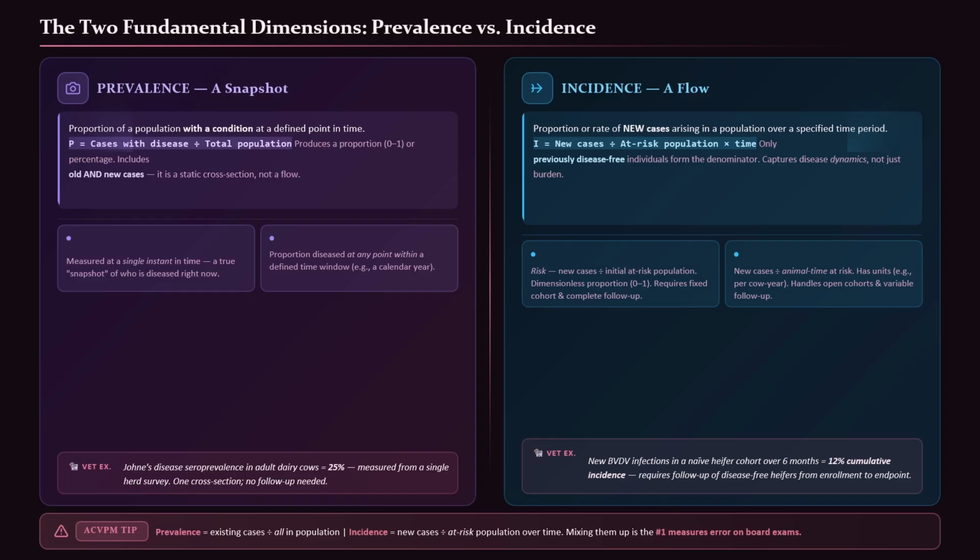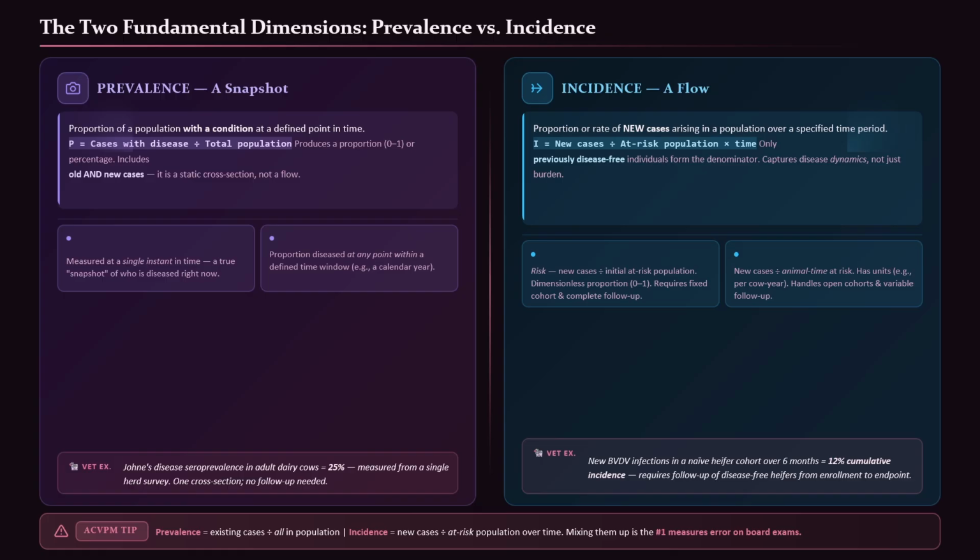Now that we understand why these measures matter, let's start with prevalence. It's often the first measure students encounter, but it's also frequently misapplied. Prevalence. Let's nail this down right now, clearly and firmly. Prevalence is the proportion of a defined population that has the disease of interest at a specified time.